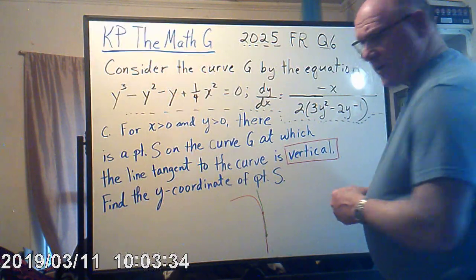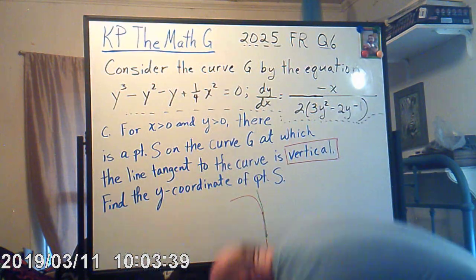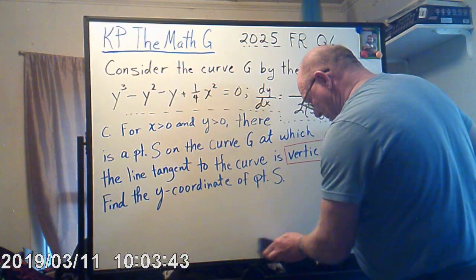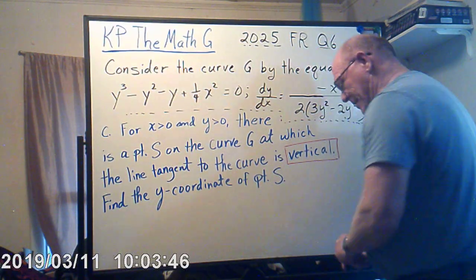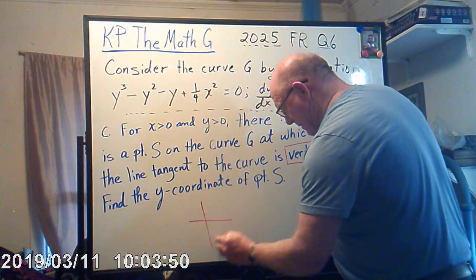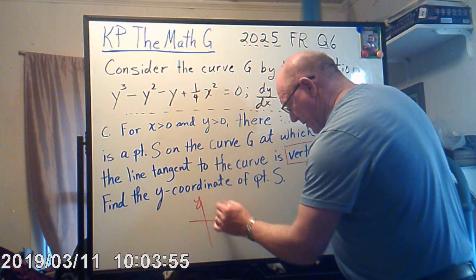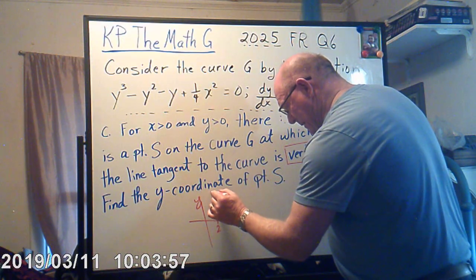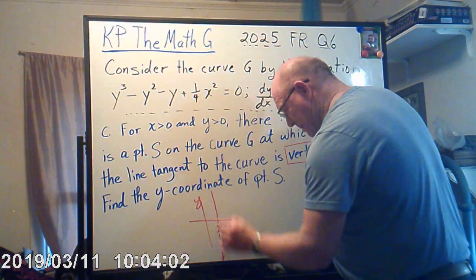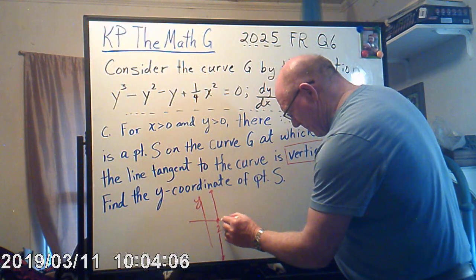Let's do this for just a moment, okay? Bear with me, please, while we look at this. Now, if there is a vertical line, generally speaking, let's say this x is 2, and this is (2, 0).